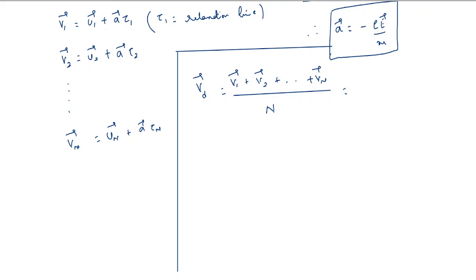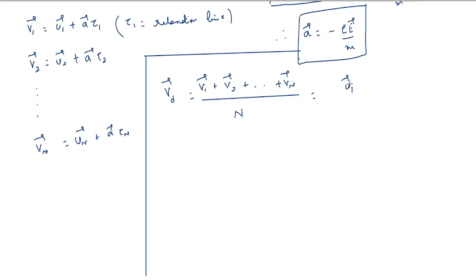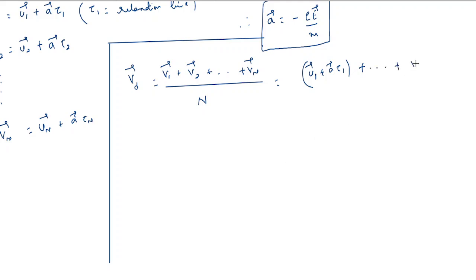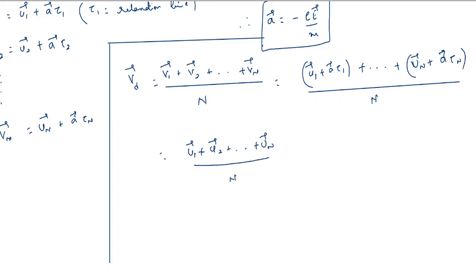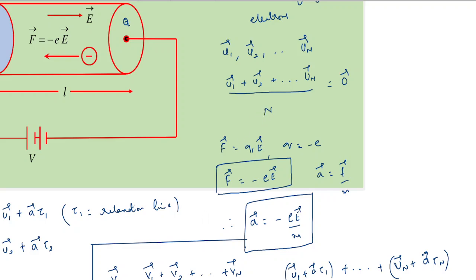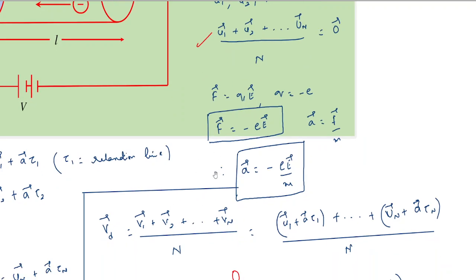Putting the expressions back, it is u1 plus a tau 1 plus, and so on, by N. We can rearrange the terms: u1 plus u2 plus etc. un by N, and since a is common, a into tau 1 plus tau 2 plus etc. by N. We just saw that the average value of u is 0.